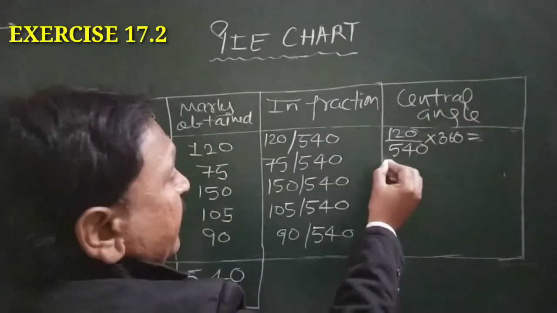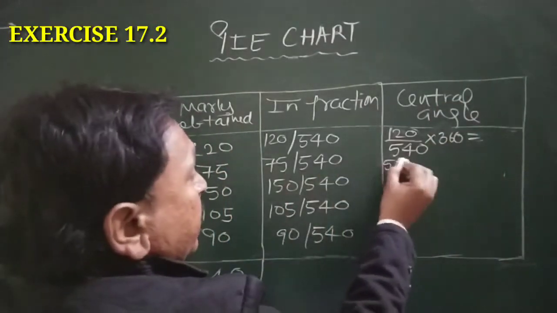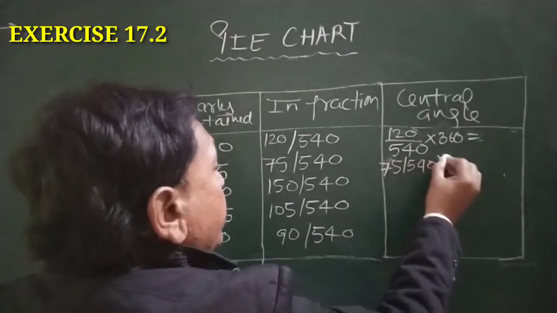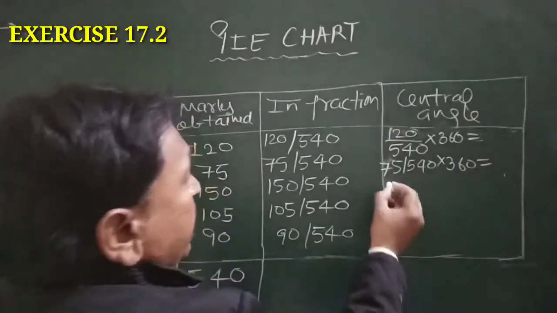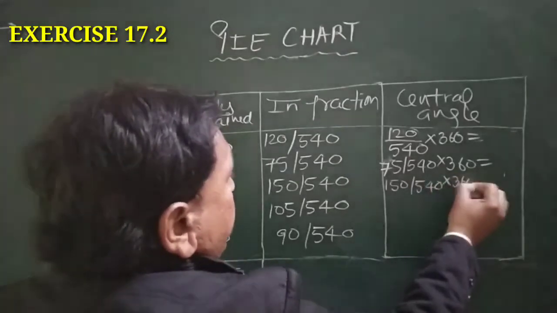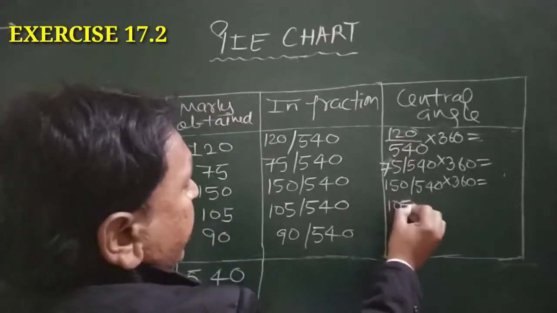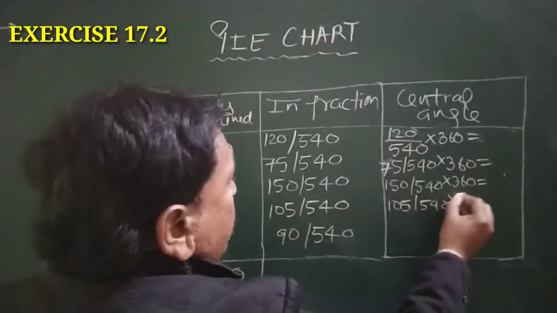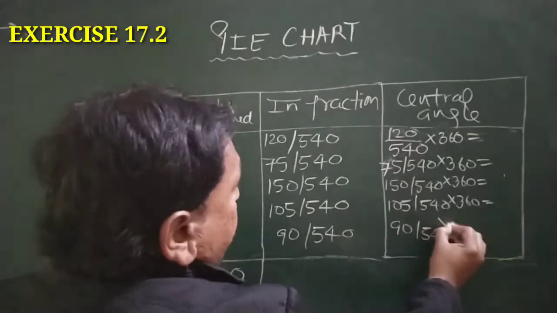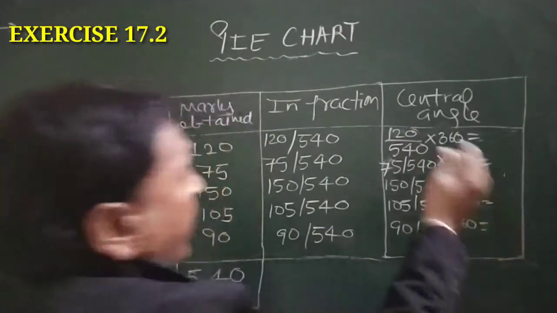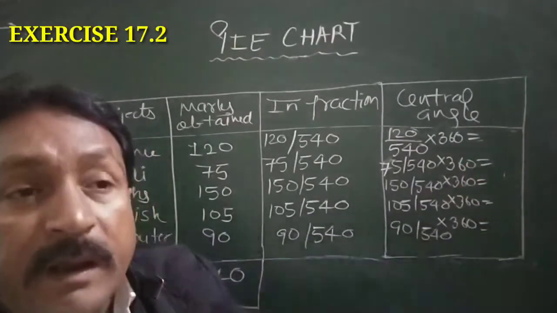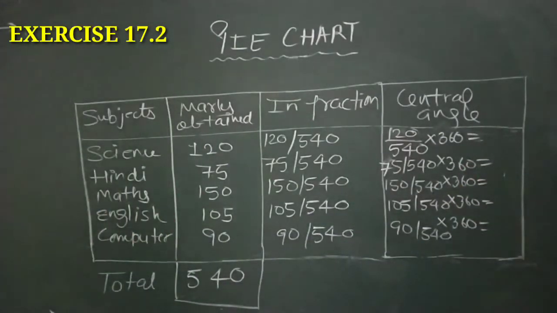In the same way 75 divided by 540 into 360, 150 divided by 540 into 360, 105 divided by 540 into 360, 90 upon 540 into 360, and now we have to solve it. After finding this, the answers here will represent the needed degrees.